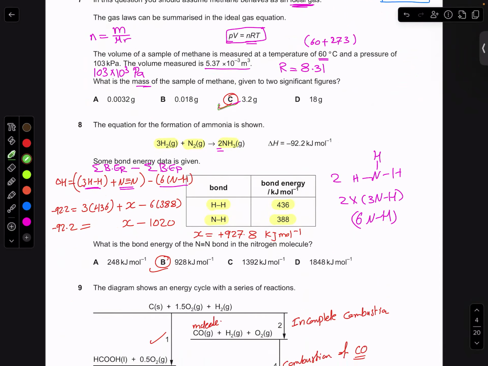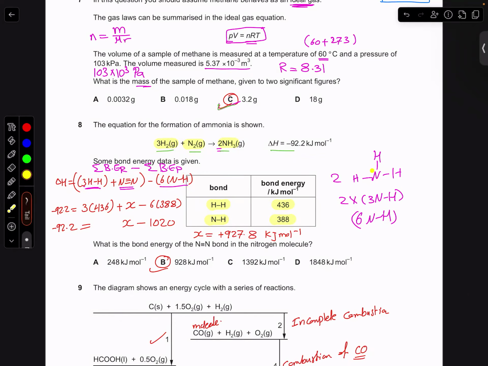The equation for the formation of ammonia, which is the Haber process, is this one. Some bond energies are given. The bond energy of H-H is 436, N-H is 388, and the delta H is given as negative 92.2. We know that delta H equals the sum of the bond energies of the reactants minus the sum of the bond energies of the products. In the reactants, we have 3 H2 and we have N2, minus 6 N-H.